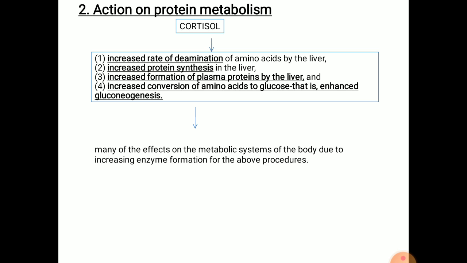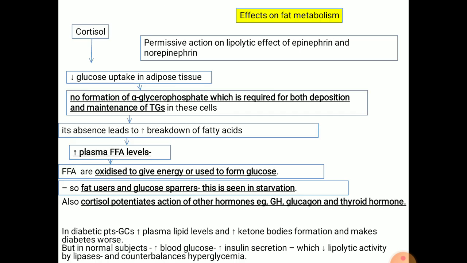And all the effect on the metabolic system of the body is mainly due to all these procedures that are affecting the liver, and that is mainly due to the cortisol increasing enzyme formation for all the above procedures. Now, third one, that is the effect on the fat metabolism.